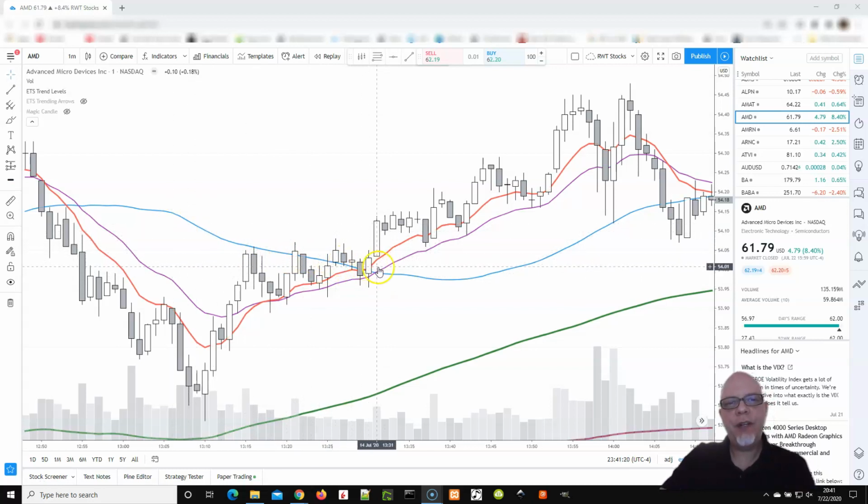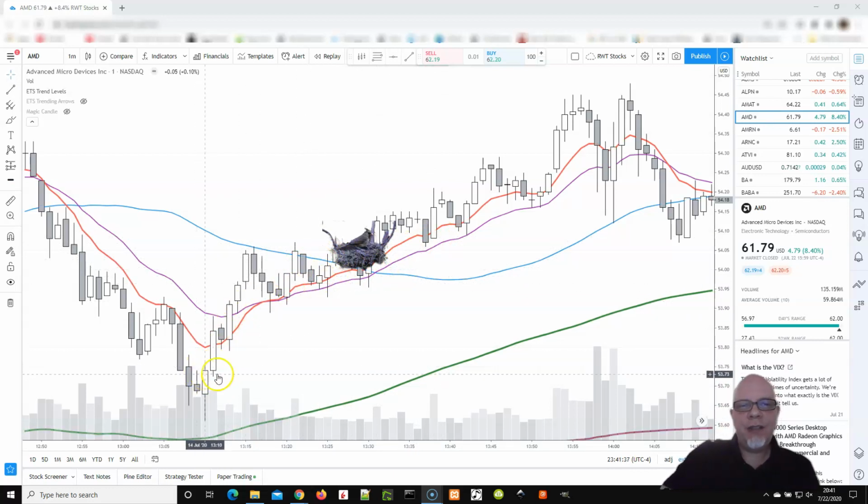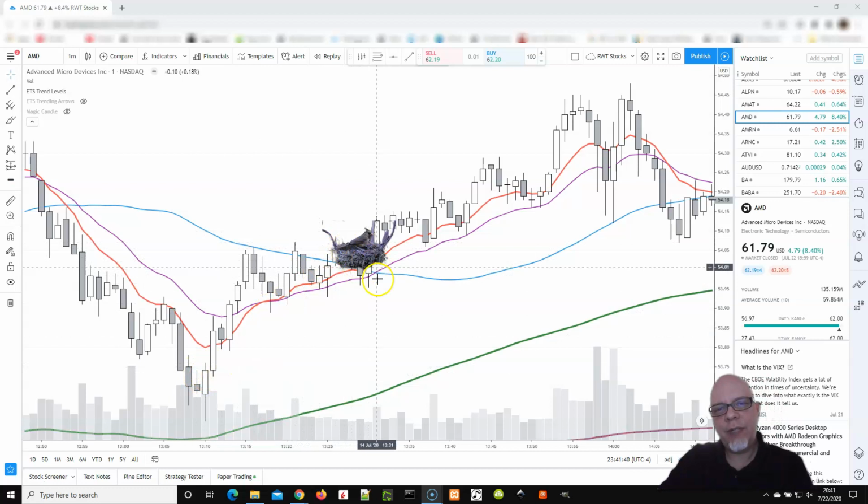Here we have all the moving averages converging together, and as you can see, it's making a little dip here. I'm calling it a bird's nest because what you really want to see is a little flight up and down, resting in the bird's nest and then flying away. That's pretty straightforward.